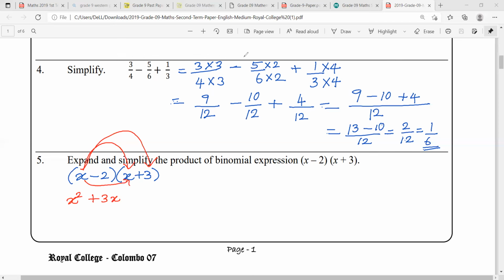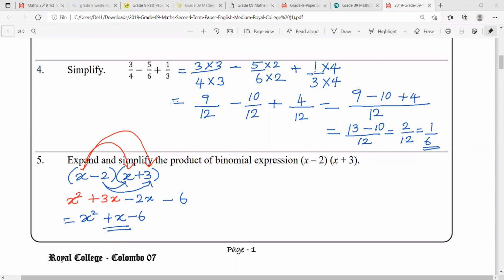Sorry, not that one. You can do it this way, right? So you can see this like this with this one, then you get minus 2x, and this with this 3 and minus 6, and then you get x squared plus x minus 6.